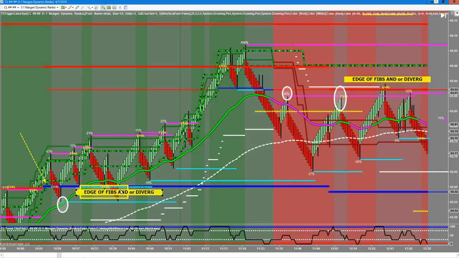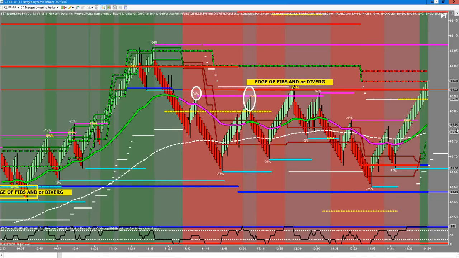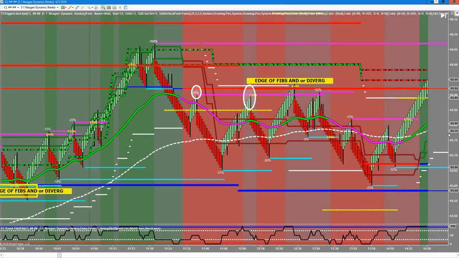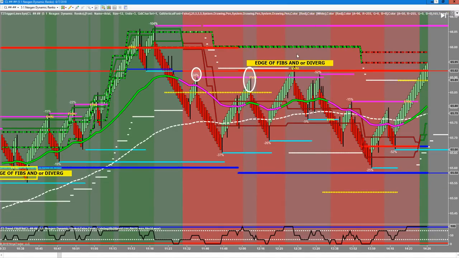Edges of fibs and divergences with the charts red, and the market goes down with the trend. Now, edges of fibs with divergence ends your shorts, right? We'll break out of here eventually.